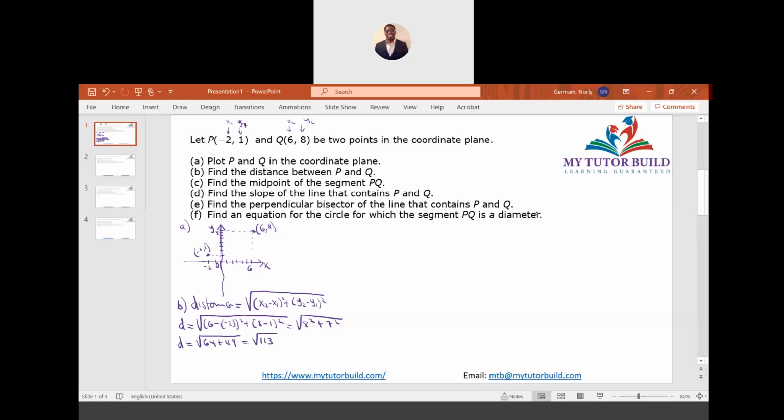You can either leave it as distance is equal to the square root of 113, or you can convert it and it's going to give you a decimal. As you know, the square root of 100 is 10, the square root of 121 is 11.